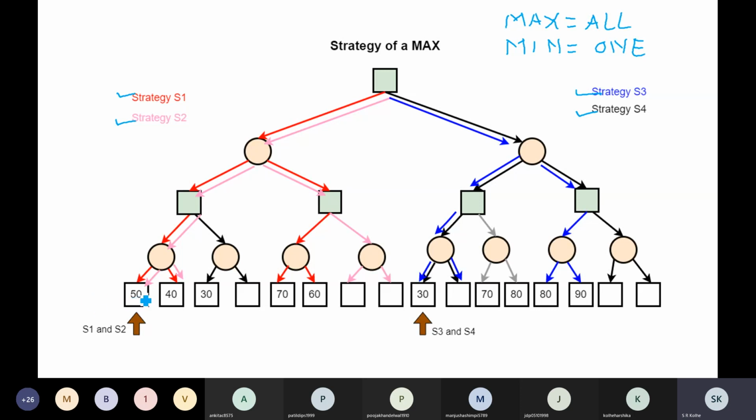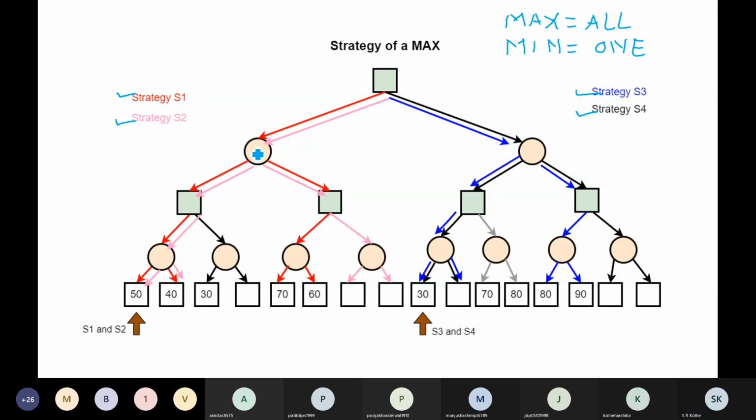This 50, right? All at max. That means this one, left, right. One at min. Suppose this left one is selected. Then all at max, both will be selected, and one at min.